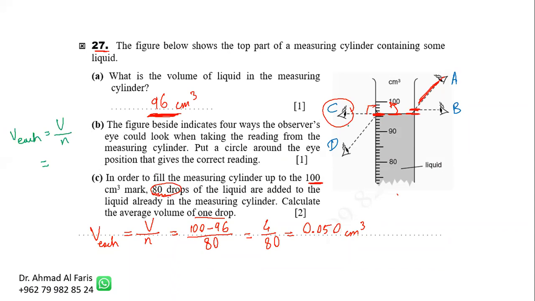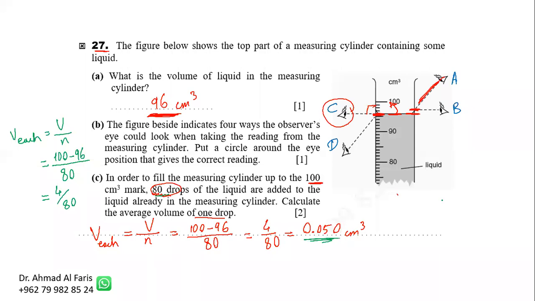How much is the volume added? It was 96 and becomes 100, so 100 minus 96, divided by the number of drops. How many drops do we have? We have 80, so using the calculator, 4 over 80, the answer is 0.05, or 0.050 cubic centimeter.